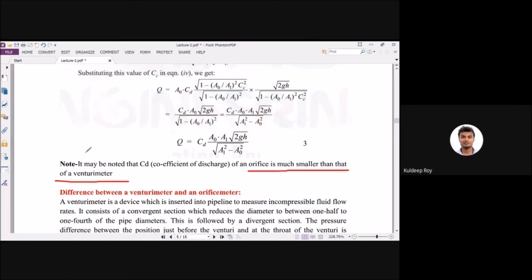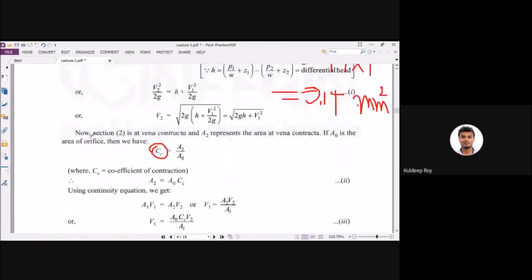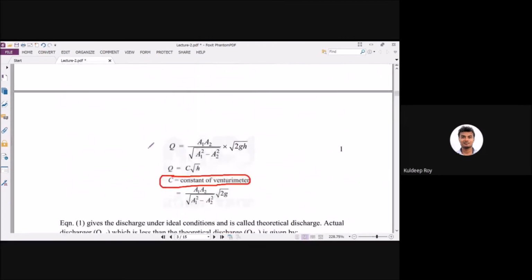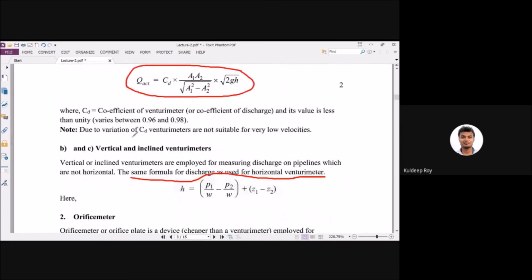The velocity or discharge that you are determining will be a lower value as compared to venturi. Now here, what was the big note? Due to the variation of discharge coefficient, venturi meters are not suitable for low velocity. Keep this in your mind.